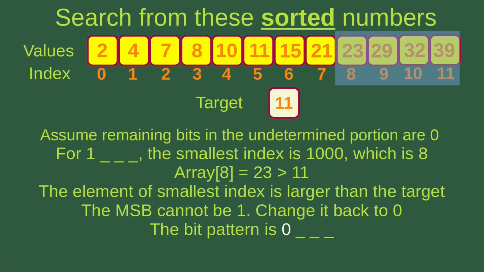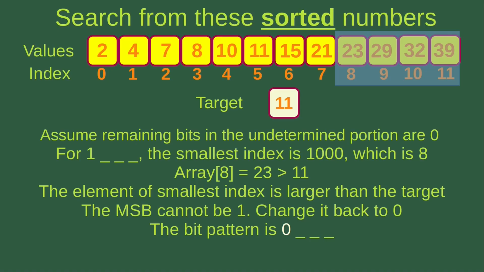To answer this question, we have to assume that the remaining bits in the undetermined portions are all zeros. For this case, we have an index of 1 at the beginning, and if I fill in the remaining bits as 0, then the smallest index is actually 1000, which corresponds to 8 in decimal numbers.